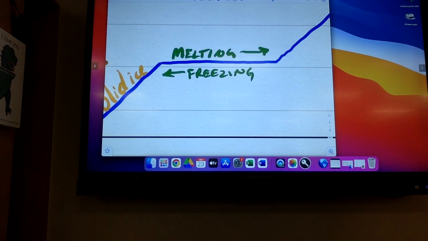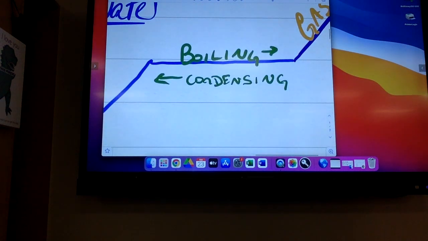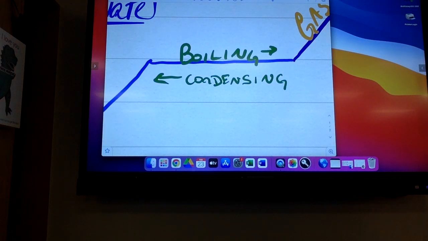And then the other one is boiling, condensing. It takes a while, but then it's fine. Okay.